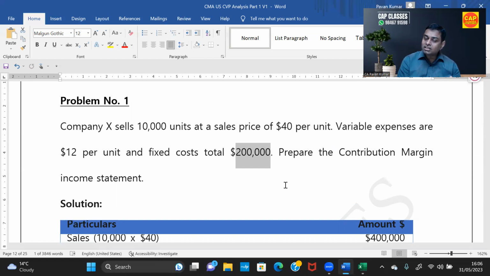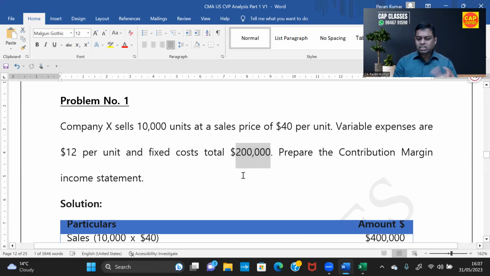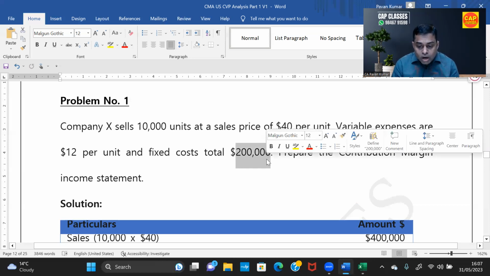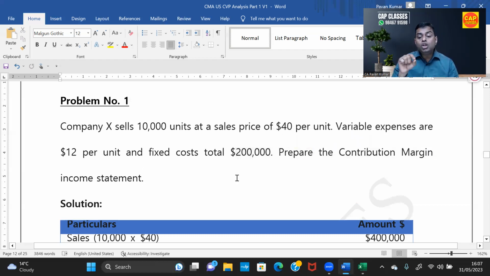They follow thousands, 100,000s, millions, billions. In global courses it wouldn't make any difference, but when you are speaking with professionals globally, you will not read this as 2 lakhs. You will read this as $200,000, which is the same.